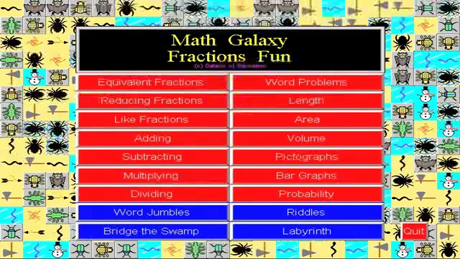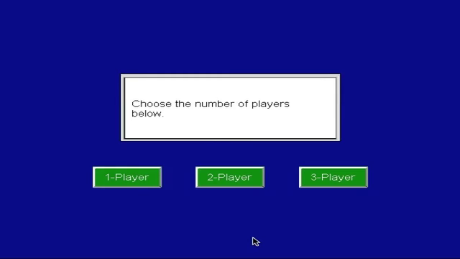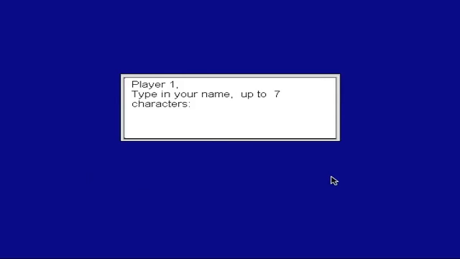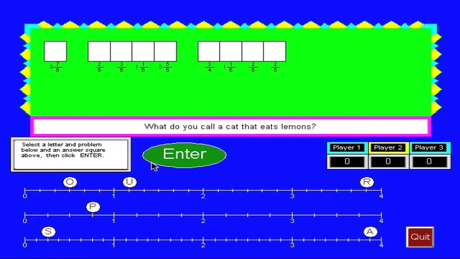Another game where you can practice fractions is the riddles game, which is like Wheel of Fortune, where the answers to math problems are clues to answers to a riddle. So here the riddle is, what do you call a cat that eats lemons?